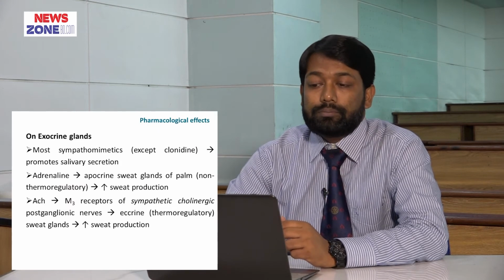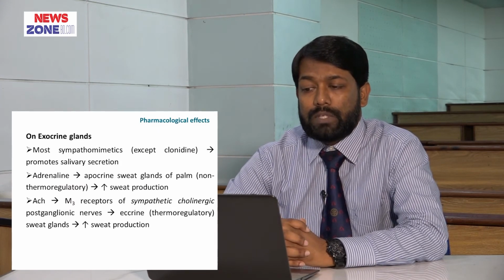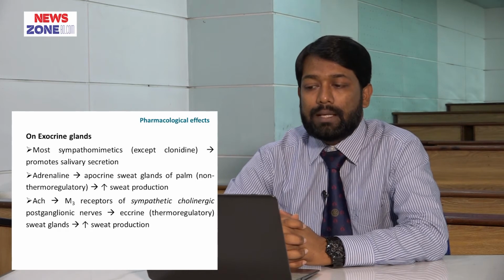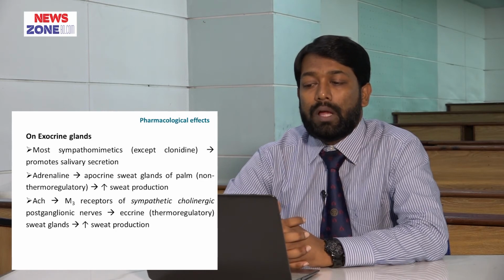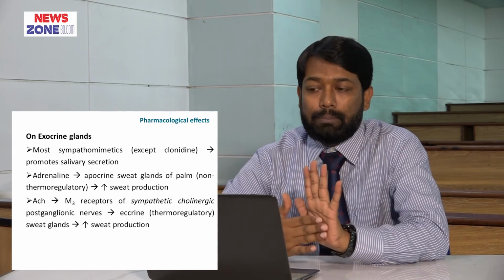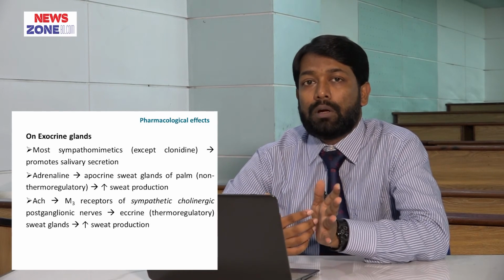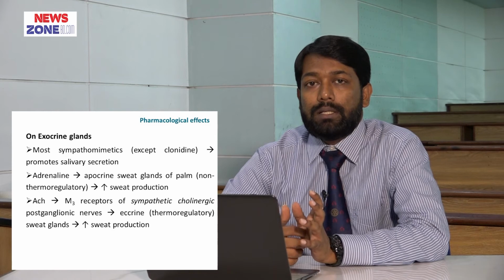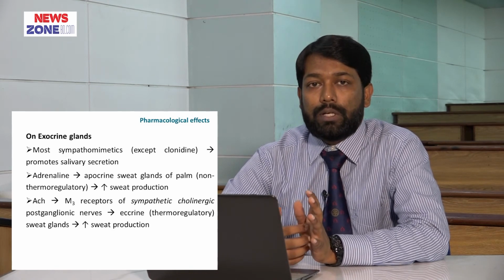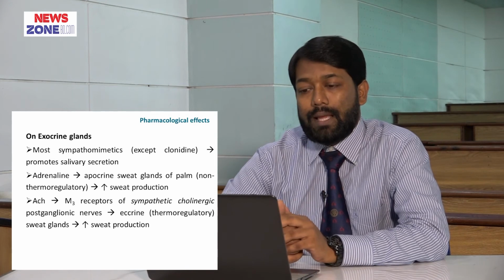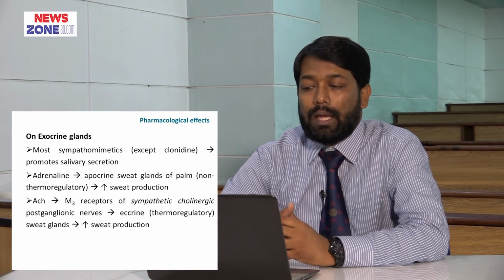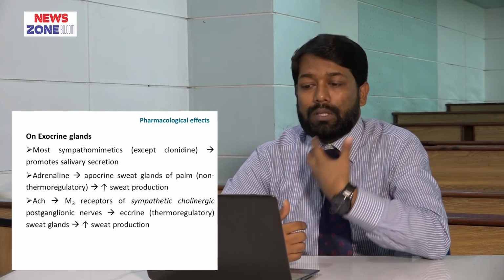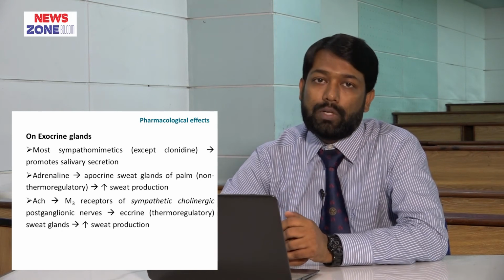In the next slide, we shall discuss the role of sympathomimetic drugs on exocrine glands. Most sympathomimetics except clonidine promote salivary secretion, and in case of apocrine sweat glands of our palm, which are actually non-thermoregulatory sweat glands, adrenaline produces increased sweat production, whereas acetylcholine acts on the muscarinic type 3 receptors and the eccrine or thermoregulatory sweat glands, they increase sweat production.